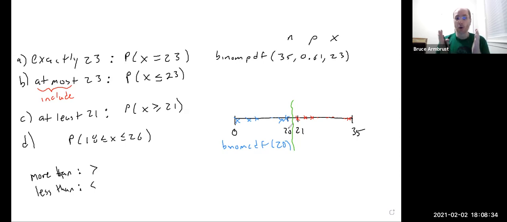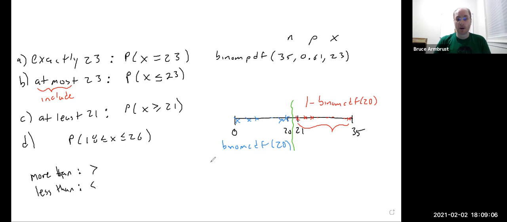Well, the total is always 1 for a probability density function. So to get this one, we're going to do 1 minus binomial CDF of 20, because this is the complement. Remember, complements are the other possible outcomes, and if you add up the probabilities of complements, they equal 1.